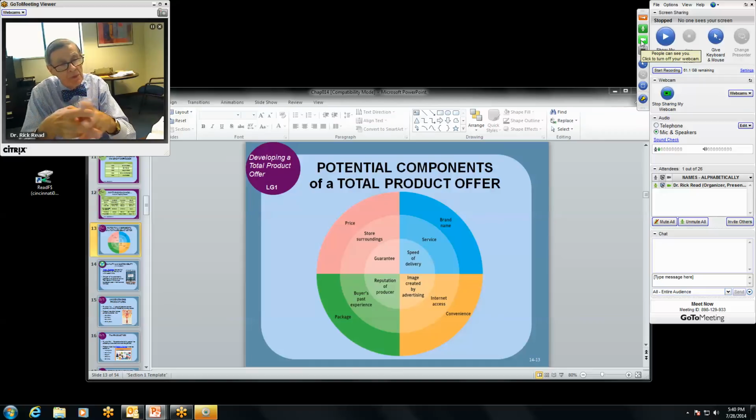We don't need to go into this, but look at some of the things on the periphery: price, brand name, packaging, convenience. Whereas on the inside we have speed of delivery, reputation of producer, guarantee, things of that nature.